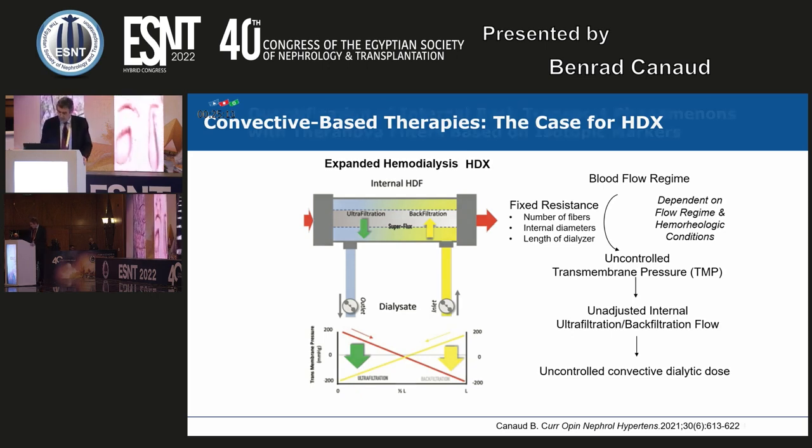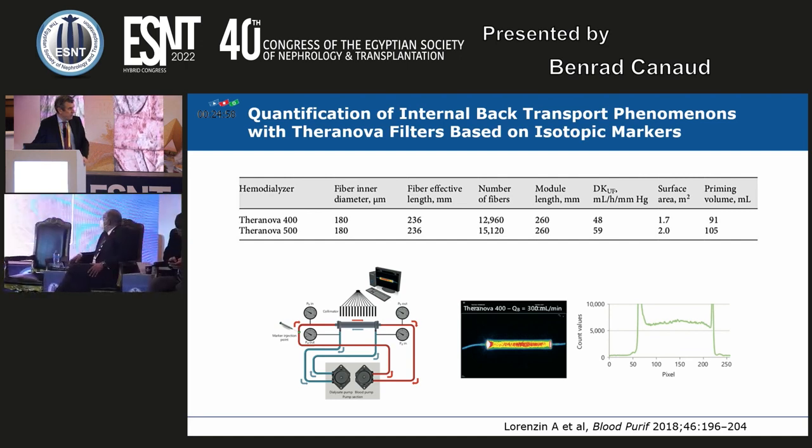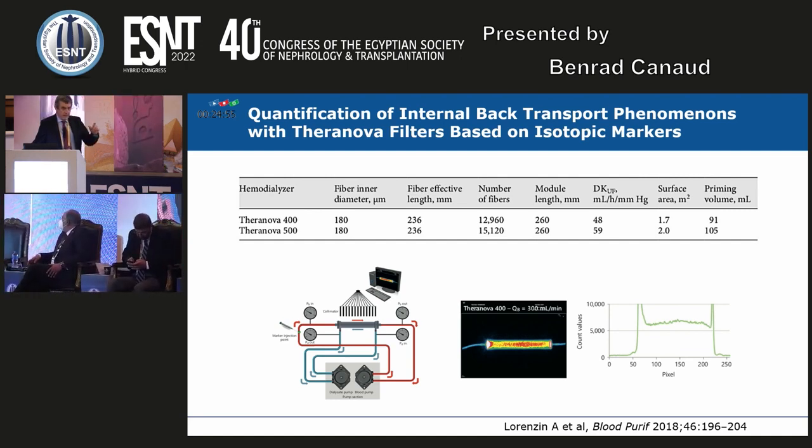some higher performances. Now, this is clearly explained by some work from Ronco in Vicenza, where they compare, and you know that they scan the dialyzer with a sort of dyed solution to show what happens inside the filter. And you can see on the pictures, depending on the size and the surface of the filters, Theranova 400 or 500, in this setting you can define what is the internal filtration.